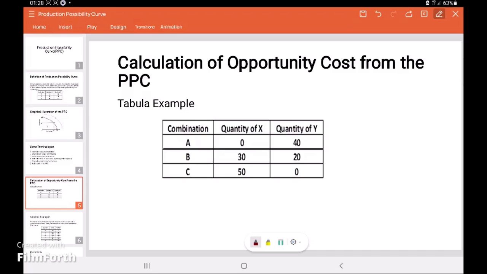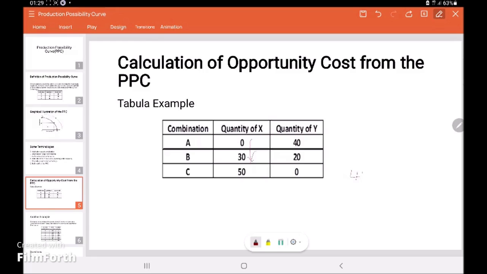The question that could be asked here is that if the economy moves from combination A to B, calculate the opportunity cost when there's a movement from point A to B. Now, you agree with me that when you move from A to B, you are gaining 30 units of commodity X, but you are sacrificing 20 units of commodity Y. And therefore, the opportunity cost of moving from A to B, which is the opportunity cost of producing 30 units of commodity X, will be 20 units of commodity Y.